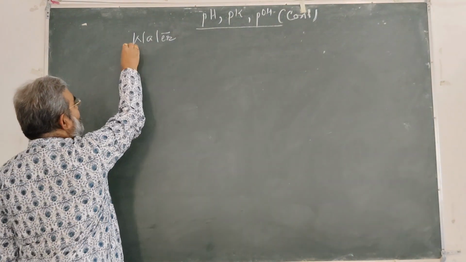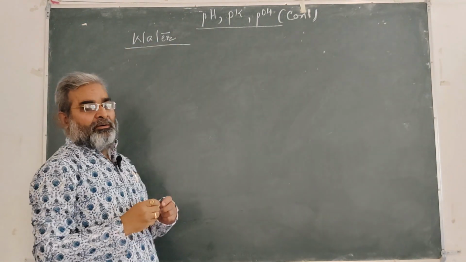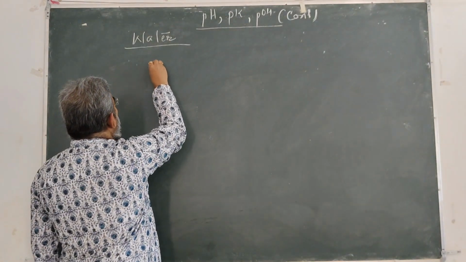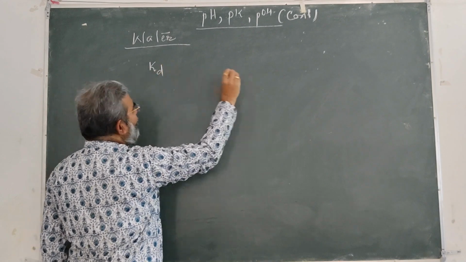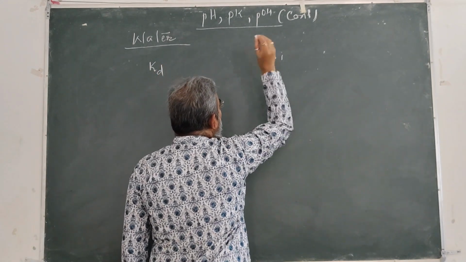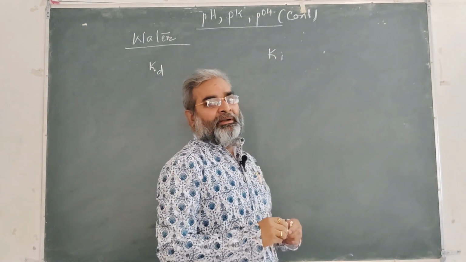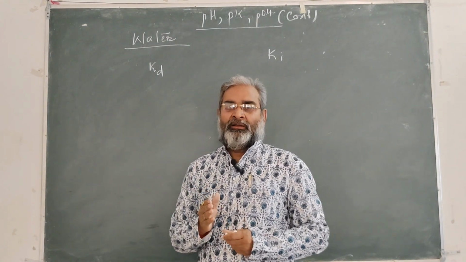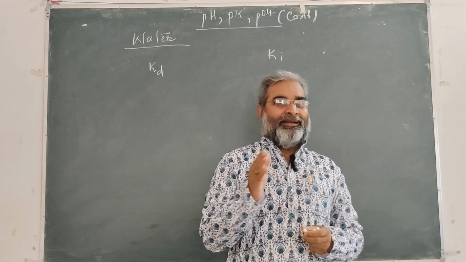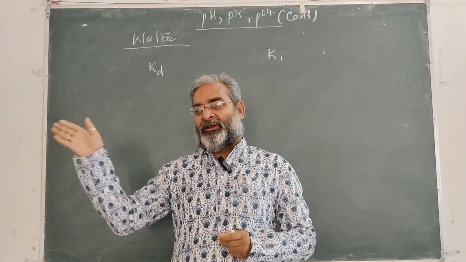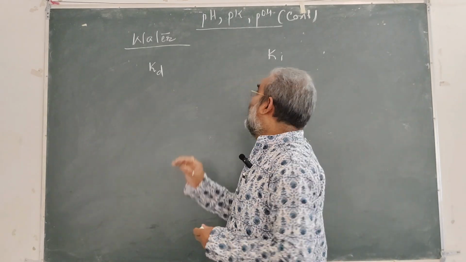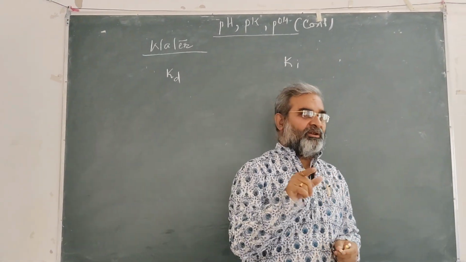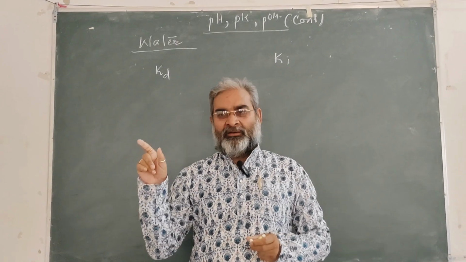वाटर पे हम लोग बात कर रहे थे, and in water two components पे हम लोग गए हुए थे, Kd and Ki. Direct dissociation of water: उसमें हम लोग क्या किए थे कि H2O is directly divided into the H+ and OH minus. Ki में क्या हुआ था कि 2 molecules of H2O is dissociated into the hydronium ion and OH minus.